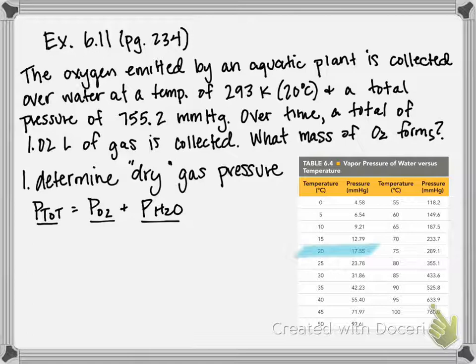And in the problem, it states that we have a total pressure of 755.2 millimeters of mercury. It also states that we are collecting our gas over water at 20 degrees Celsius. So I can go over to my vapor pressure of water table and figure out that water's partial pressure at 20 degrees Celsius is 17.55.